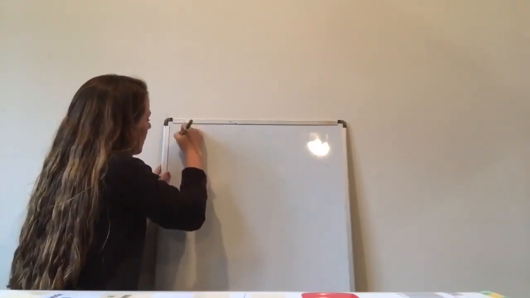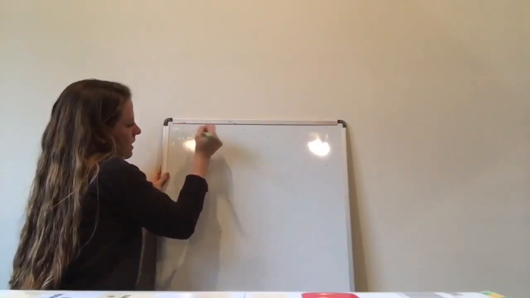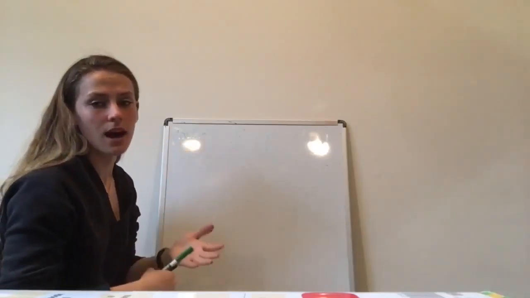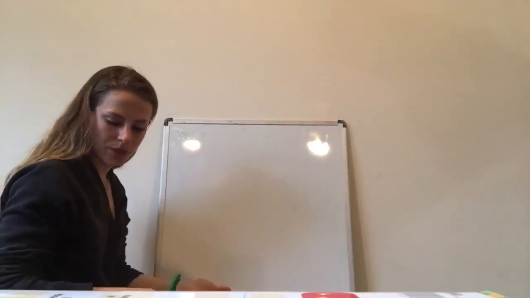Okay, so cosine of x. All right, so that equals, so you knew that sine is odd, so it's really easy because cosine is even.